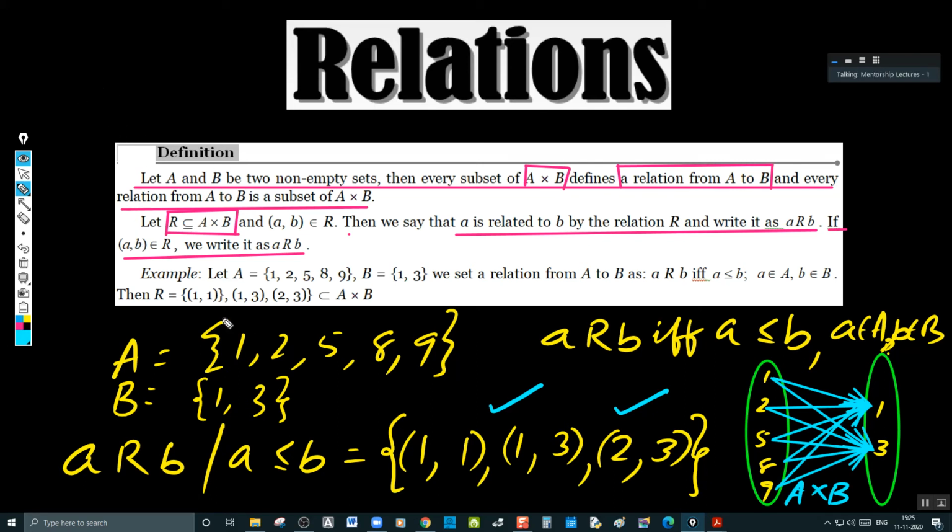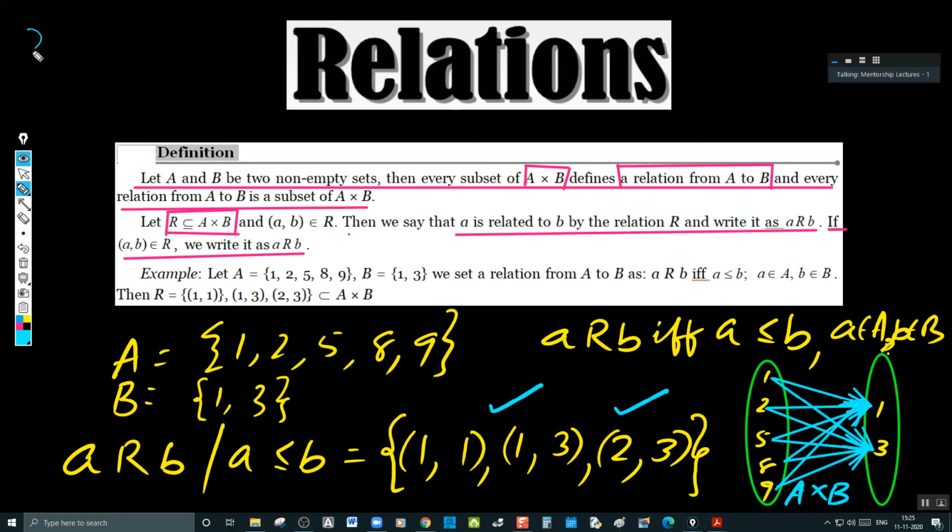Now, the important point that is to be understood, how many such relations can be formed. Similarly, further you will be learning how many such functions will be formed. So from now itself, you have to understand that. Now, again, we have to go back to sets.